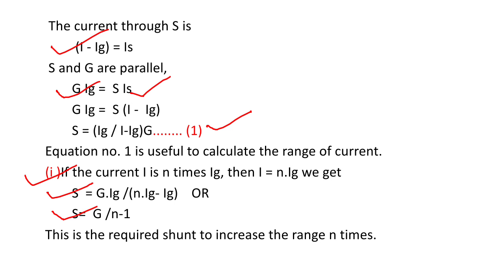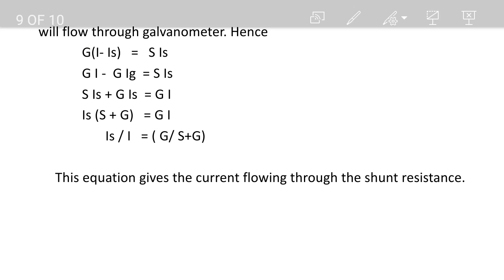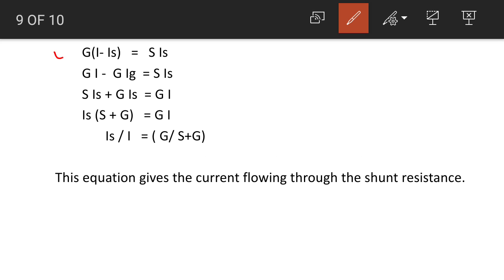Therefore, G into bracket I minus Is is equal to S into Is. Then G into I minus G into Is is equal to S into Is.